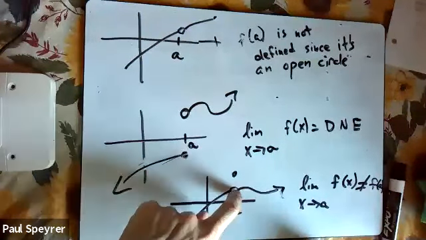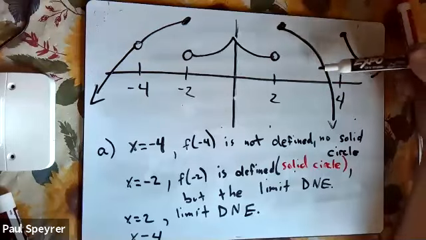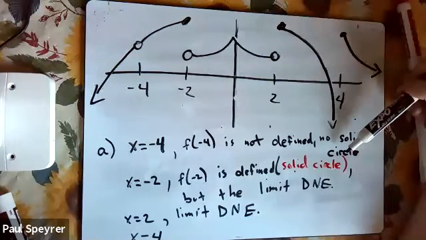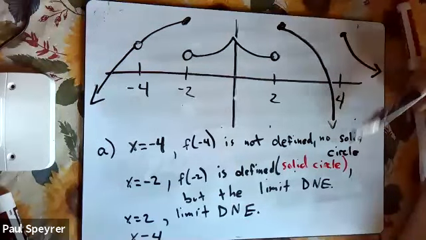No. Remember, when does the limit exist? When you can approach that particular x value from the left side and the right side, and they are approaching the same y values. That's not the case right here. The limit as you approach 4 from the left, your graph's going down to -infinity. The limit as we approach 4 from the right is definitely not going to -infinity.